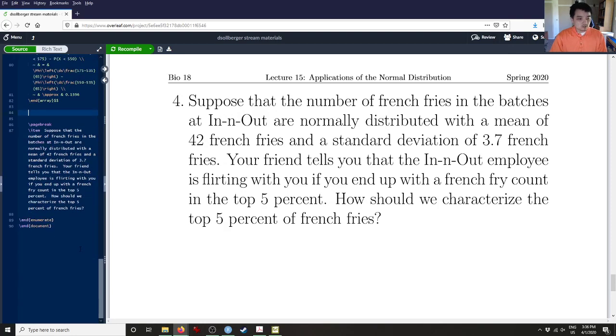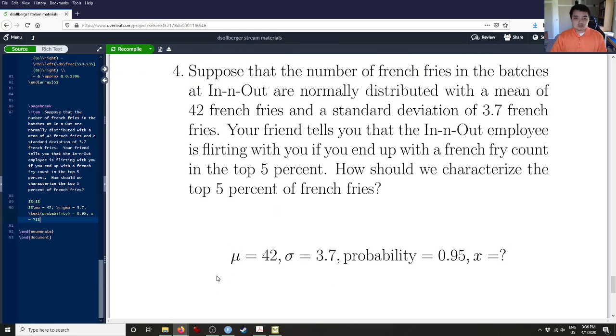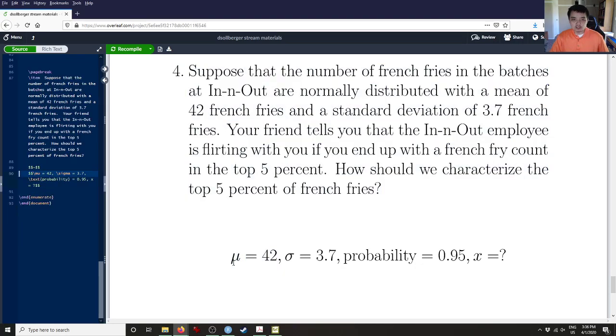Whoops, typed that in the wrong place. So to parse some of the information, we have that the average mu is 42 french fries. The standard deviation, sigma, is 3.7 french fries.